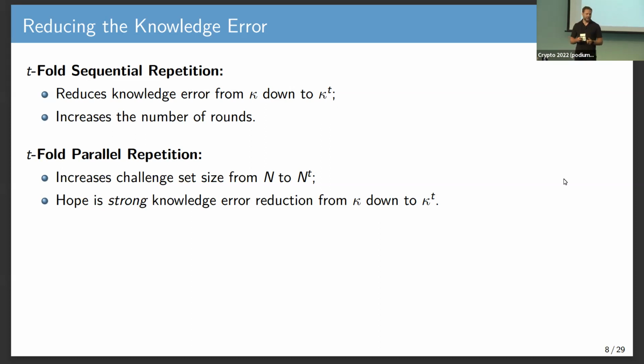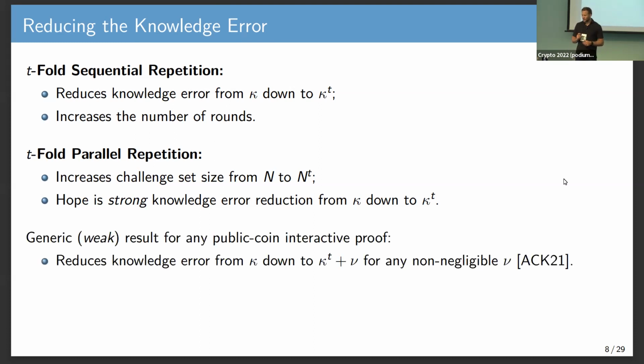Well, unfortunately, this is not the case, and there are actually a couple of counterexamples that show that you cannot attain such a strong result in general. When you restrict, for example, to public coin protocols, as we are doing in this work as well, then there is a weak parallel repetition result that shows that parallel repetition reduces the knowledge error from kappa to the power t plus this non-negligible term.